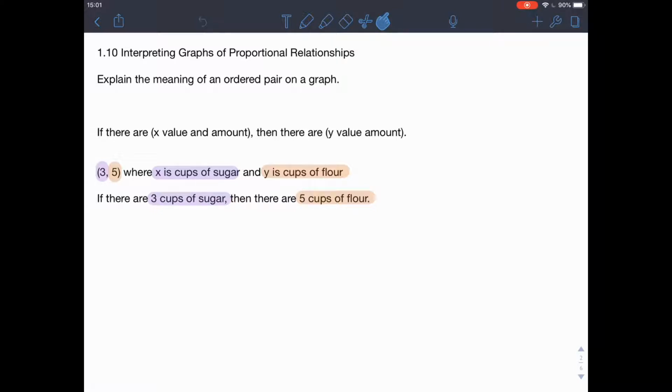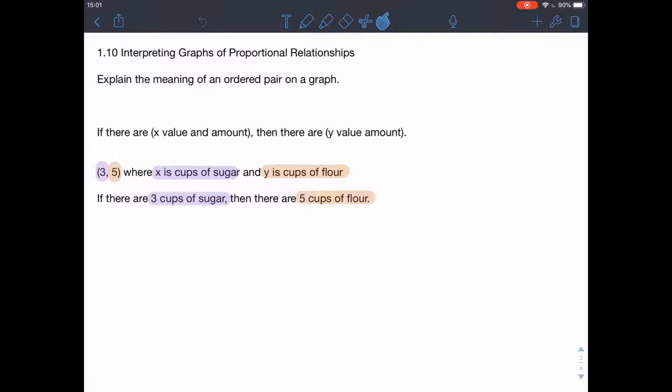Let's start off with some things we'll need to know. Whenever we are explaining in a sentence the meaning of an ordered pair on the graph, we are generally going to set up our sentence with "if there are," and then our x value and its amount, then "there are," and our y value and its amount.